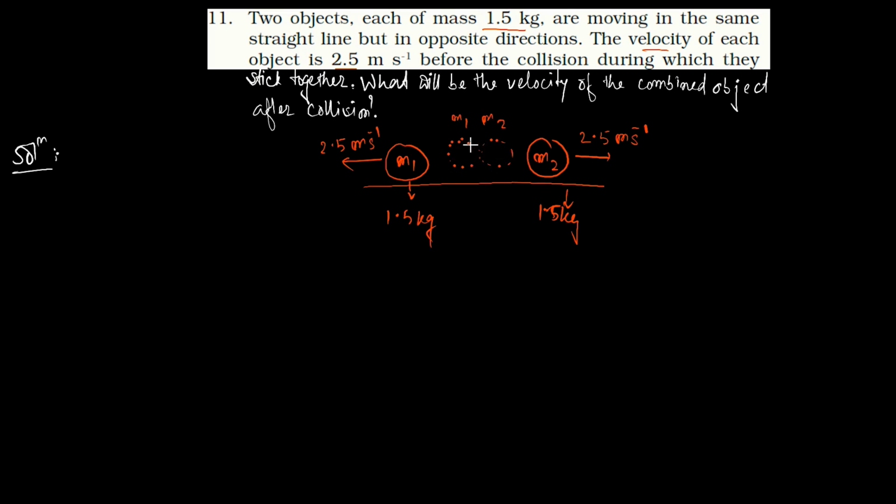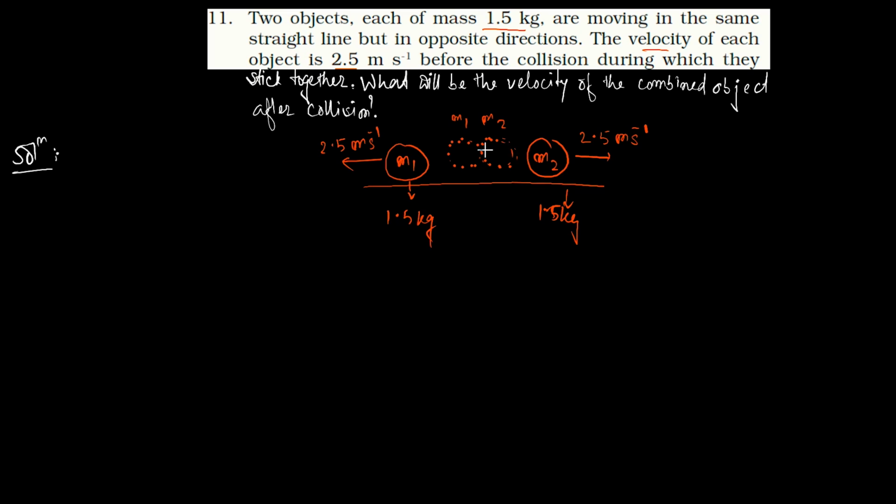Once they got collided, we can say they are at rest. At the time of collision, they are at rest. That means the combined object is moving with a velocity of 0. Okay, I will solve that. You are going to get this.